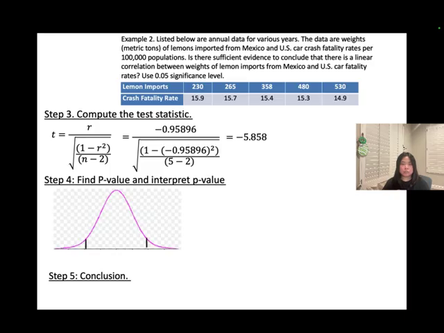Okay, p-value. This time my test statistic is going to be negative, right? Okay, first find out the degrees of freedom. Look at here. n minus 2, which is going to be equal to 3.